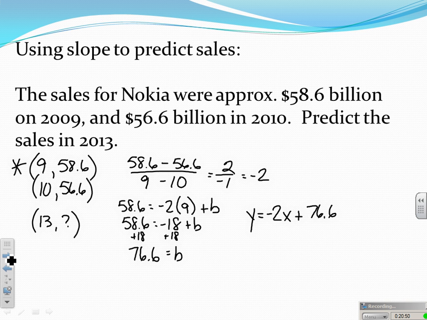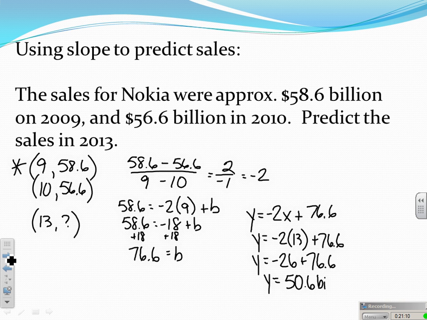Now I can use my year 13 to make a prediction for what y is going to end up being. And it looks like Nokia is going to be worth roughly 50.6 billion at that time.